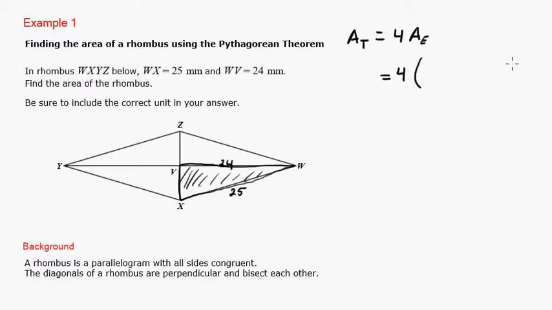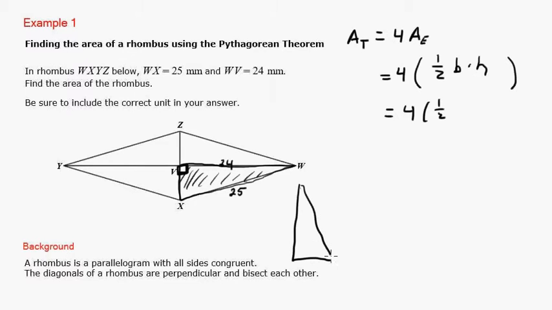But okay, so the area, that would be 4 times, but what is that area? Well, it's 1/2 the base times the height. So that's going to be 4 times 1/2 the base of this triangle. This is 90 degrees. I'm pretty sure that's 90 degrees. So we kind of have a triangle like this.